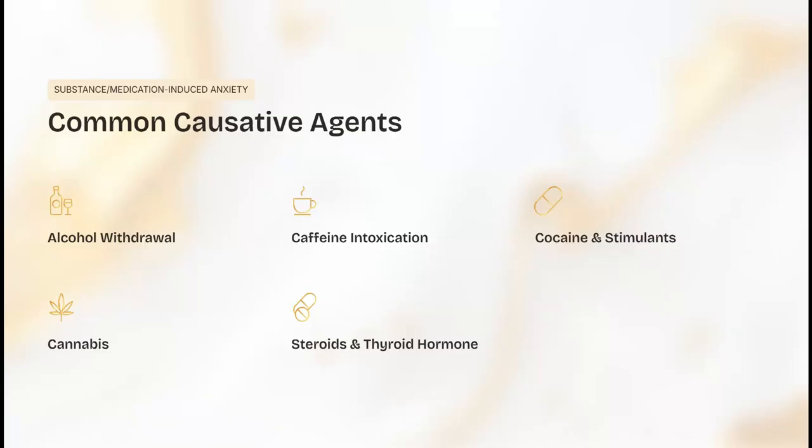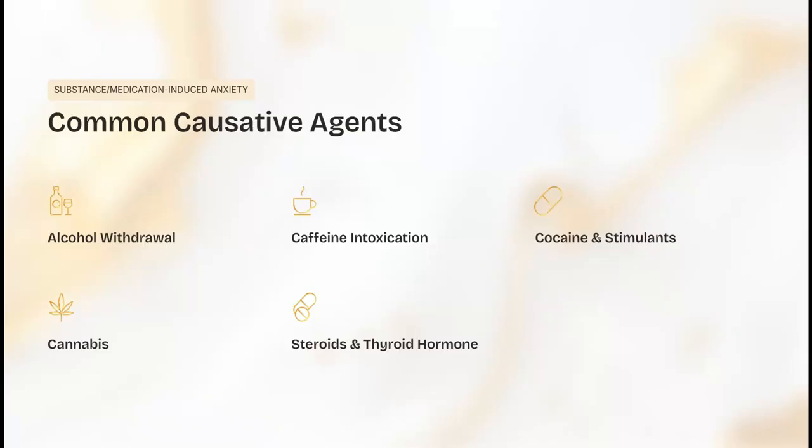So let's talk about some of the most common causative agents. We'll start with alcohol withdrawal. So GABAergic disinhibition can lead to tremors, tachycardia, sweating, and intense anxiety, potentially progressing to a medical emergency like delirium tremens.